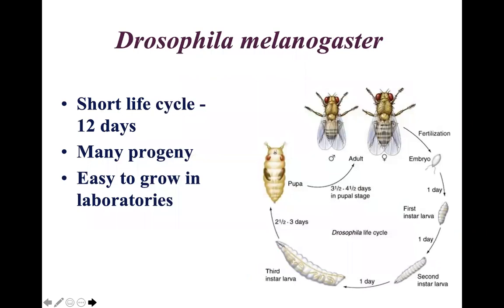So if we remember, the model that we saw under Mendel was pea plants, right? In looking at sex linkage, and this wasn't too much later, maybe about 30 years or so after Mendel published his stuff, a lot of geneticists were doing fly genetics, and that continues to this day.